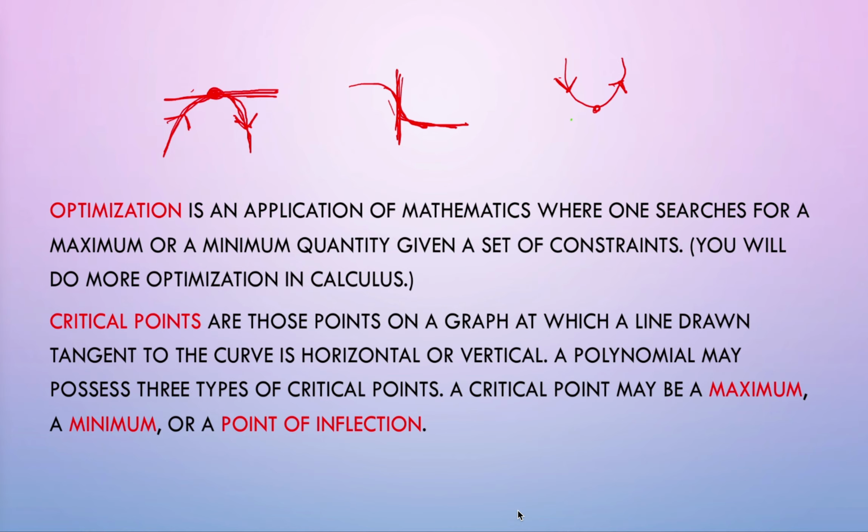And a point of inflection is where your function flattens out, has a horizontal or vertical tangent line, but doesn't switch from increasing to decreasing or vice versa. It stays constantly increasing or constantly decreasing.